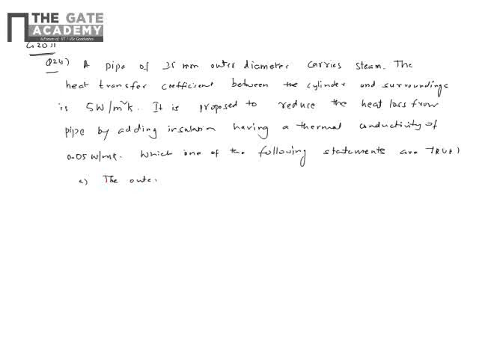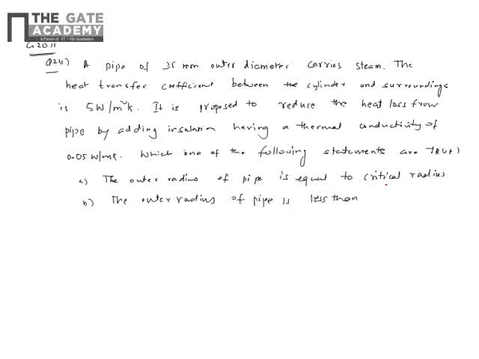The outer radius of the pipe is equal to the critical radius, then the outer radius of the pipe is less than the critical radius.